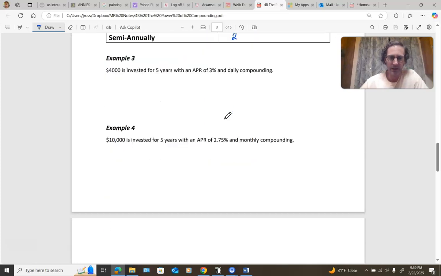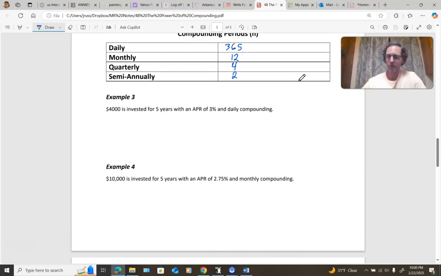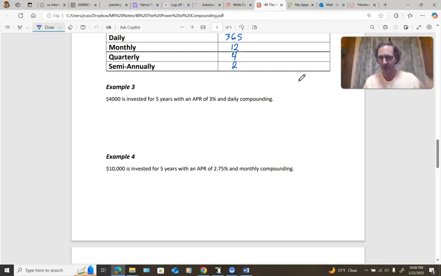All right, let's look at example 3. So example 3, it says we've got $4,000 that we're going to invest for 5 years with an interest rate of 3%, and this is going to be daily compounding. Okay, so I know this formula by heart, so I'm just going to recopy it real quick up here so we can see it.